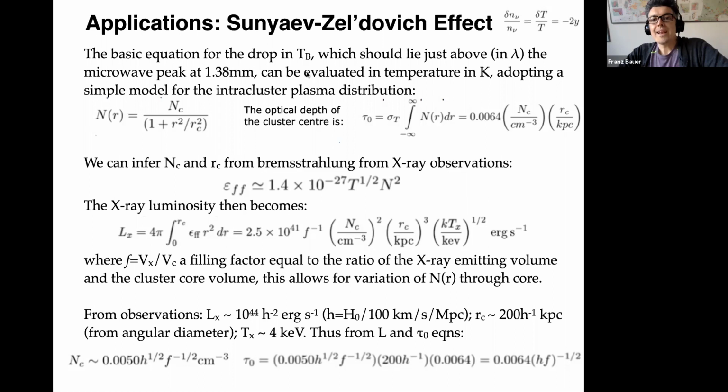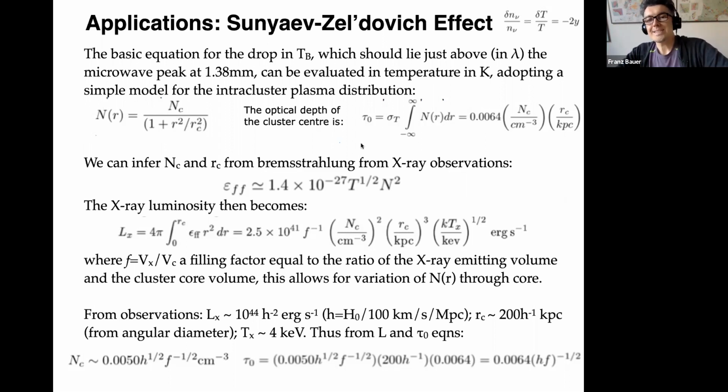And so we can evaluate this looking at the temperature in Kelvin and adopting here a simple model for the intracluster plasma distribution. So the number density is a radial function, right? So you'll have a higher density in the middle and a lower density outside, and you have some normalization and some radial dependence here.